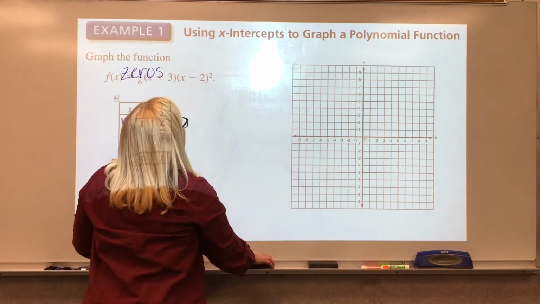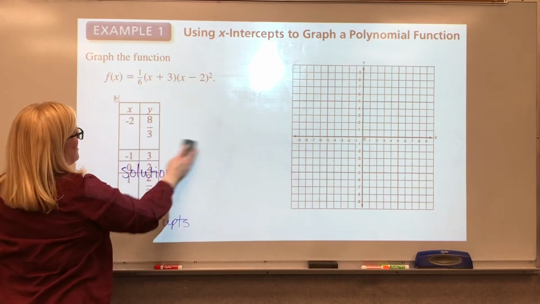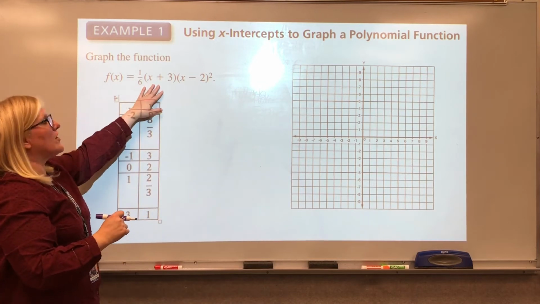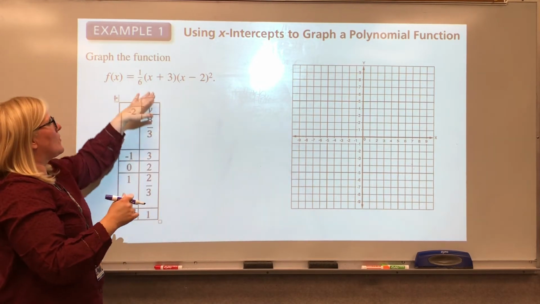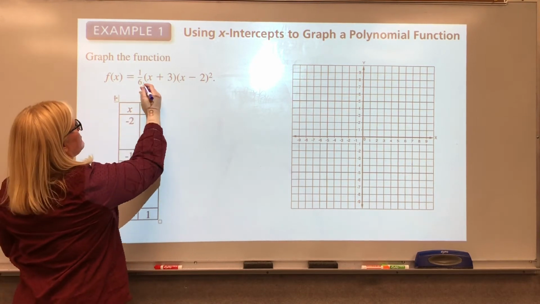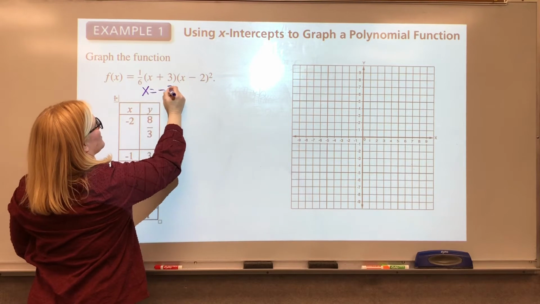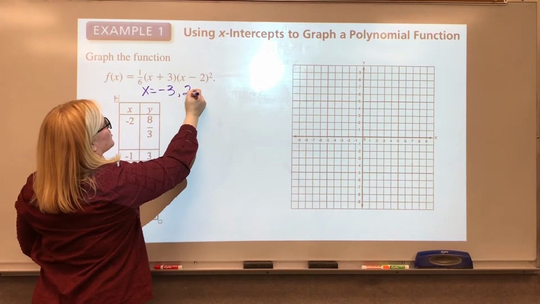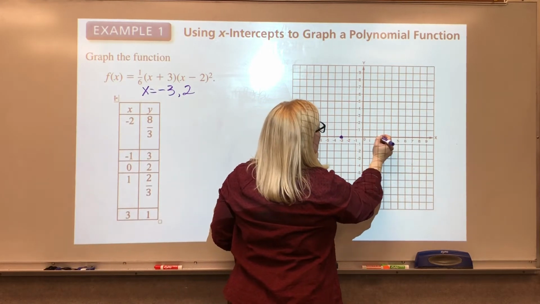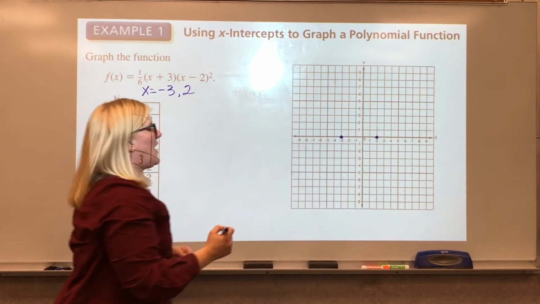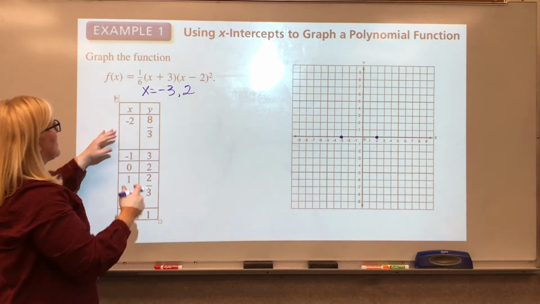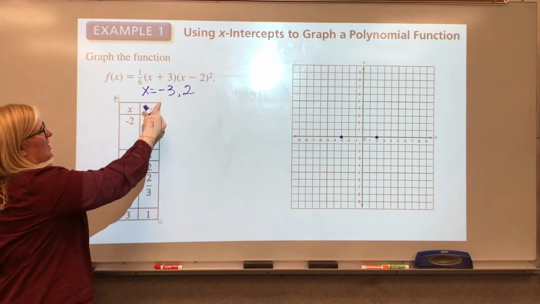Okay, so using x-intercepts to graph a polynomial function. All right, so this is already factored for us, hooray. But I look here and I see, what are my zeros? I have x equals -3 and x equals 2. So here are my zeros, -3 and 2. And what the book tells you to do is to take those and look at some values that are around these.